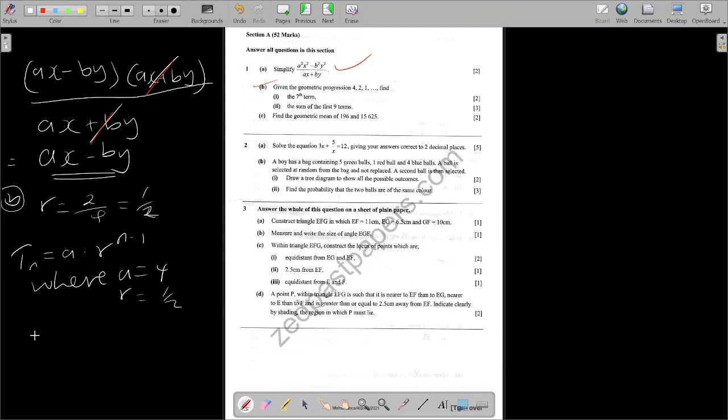So this is our data. The seventh term is equal to 4 times (1 over 2) to the power 7 minus 1, which is 4 times (1 over 2) to the power 6.